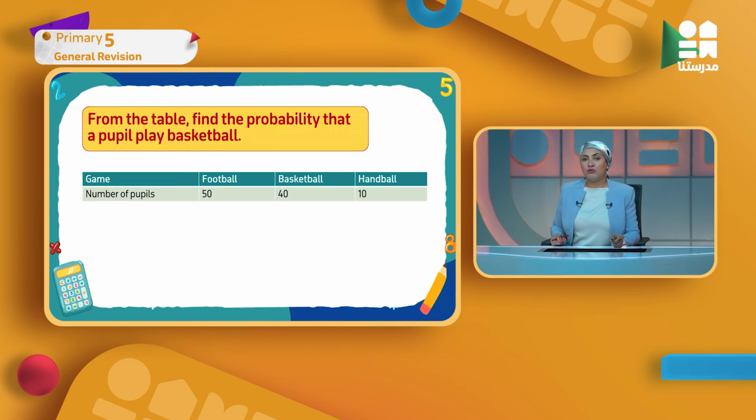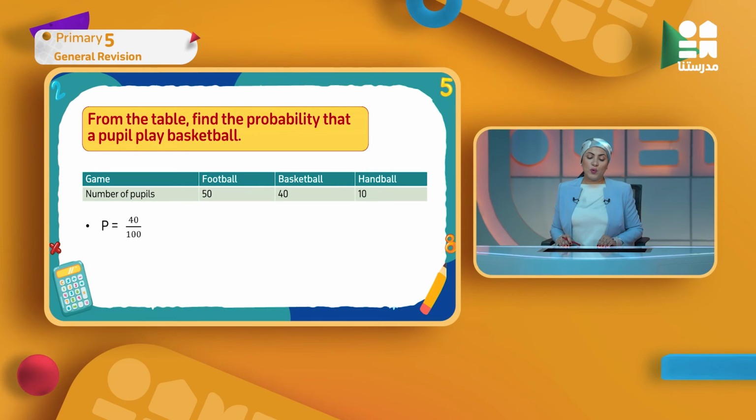When we refer to the table, we find that 40 students play basketball. So 40 out of the 100 students that I have, then the probability will be 40 over 100, which is the desired outcome over the sample that I have.